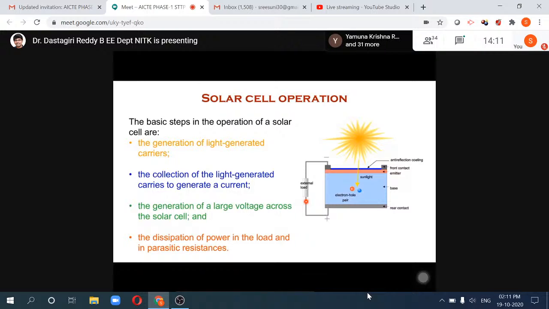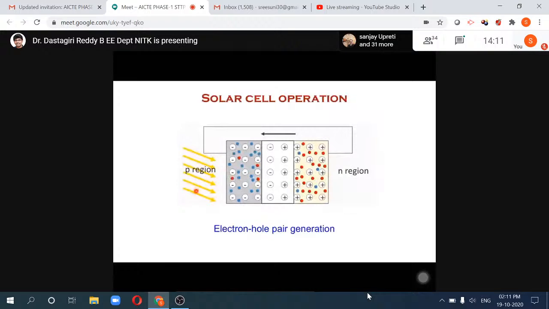Then you have to connect the load so that the light generated carriers recombine once again. Okay. So once the light is there, these yellow things are called light. When light is there, you get a lot of electron hole pairs on both sides. And because of the junction where you have some electric field, you get separation.